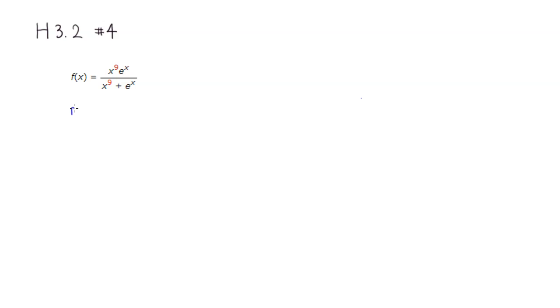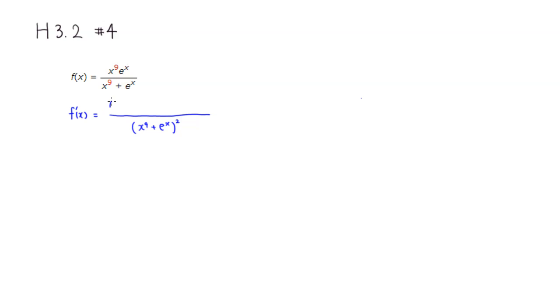So f prime of x is equal to, first we just have to square the bottom. So quantity x to the 9th power plus e to the x, and we're going to square that. Then we're going to take the derivative of the top.